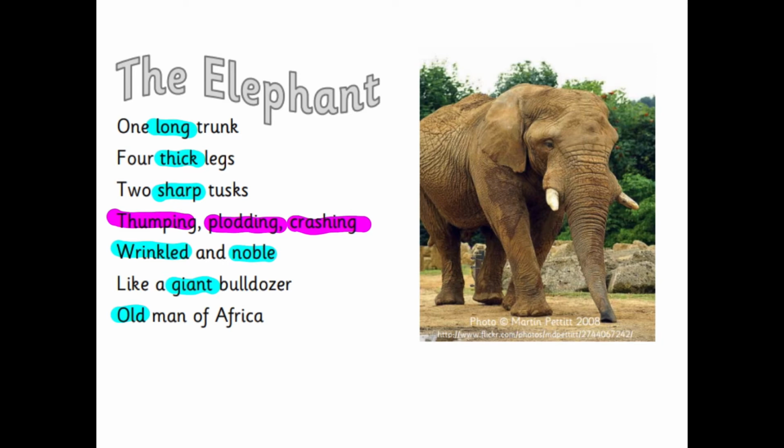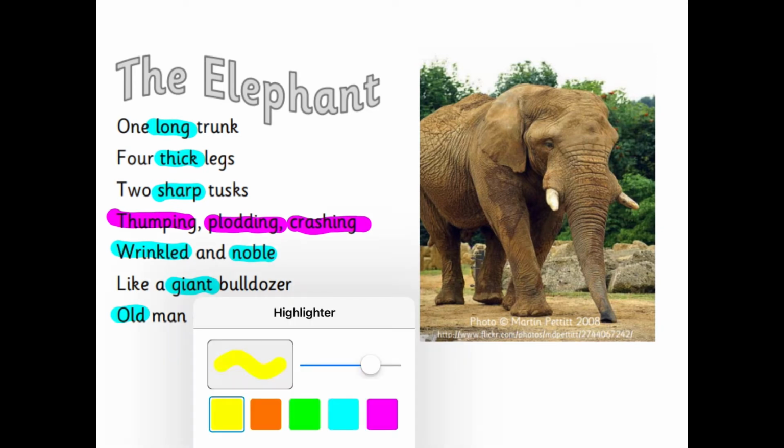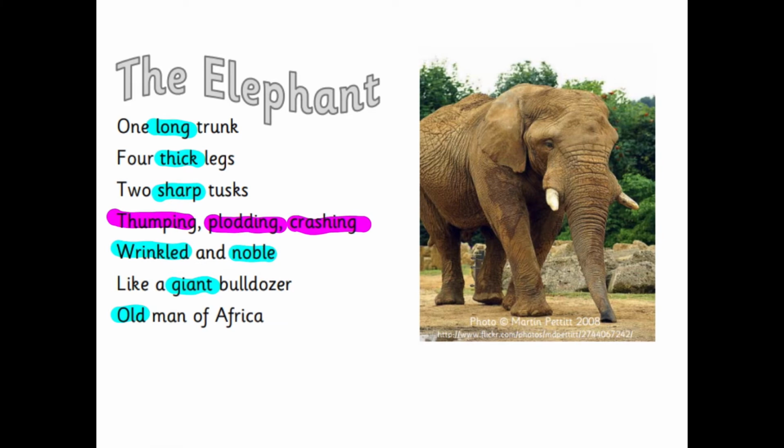So although it's got commas in between the verbs, there aren't any full stops in there, and every single line starts with a capital letter. Because it's a poem, it's allowed to break the normal rules of writing. Now maybe if you're really clever you might be able to spot the simile in there, like a giant bulldozer. So it's describing, it's likening him to something else.